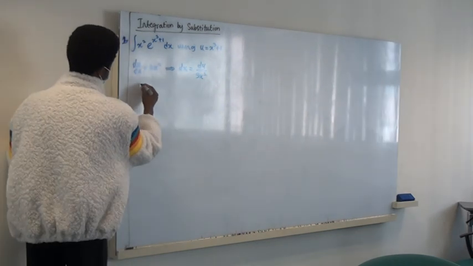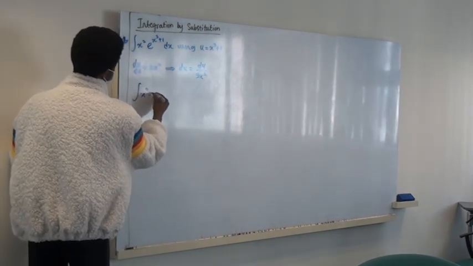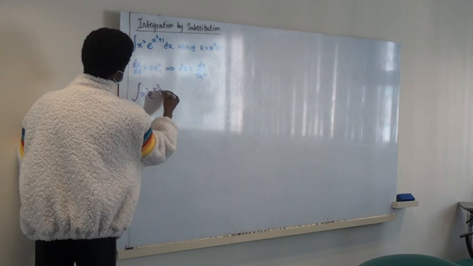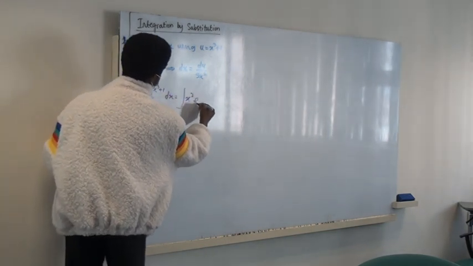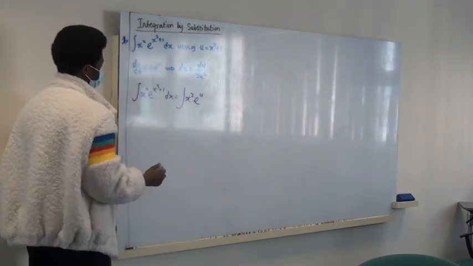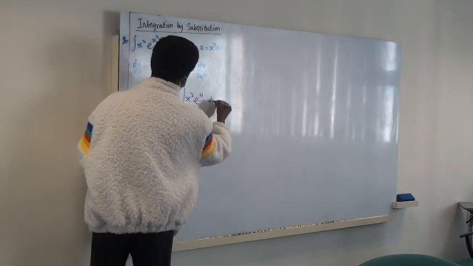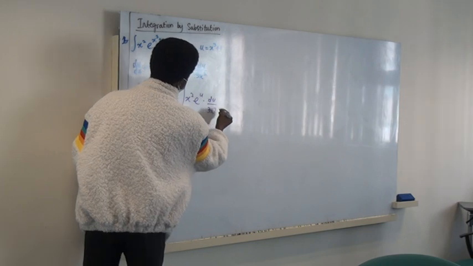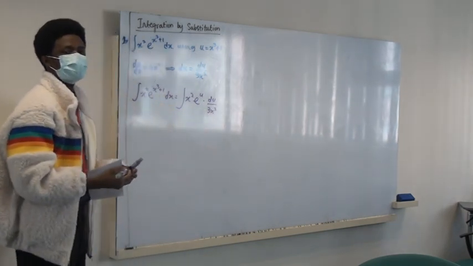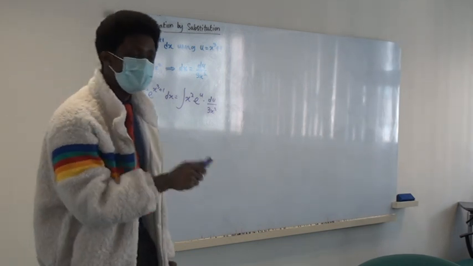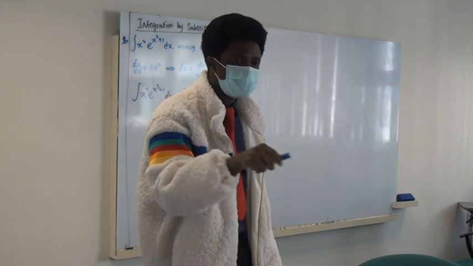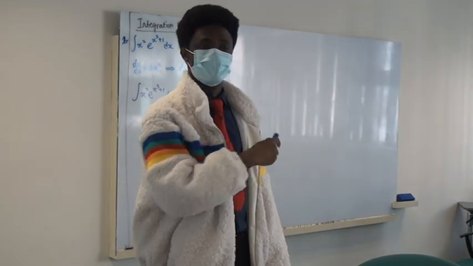The original question, integral x squared exponential x cubed plus 1 dx is now integral x squared exponential u, and dx becomes du over 3x squared. So the idea is that the x squared is gone. If your substitution does not lead to the cancellation of the other one, then you have not used the right function as u. That's one thing I want you to learn from question 1.